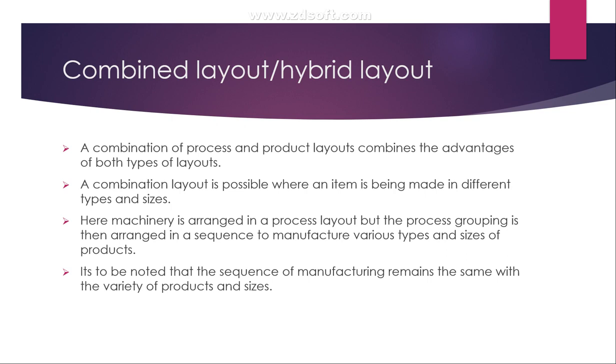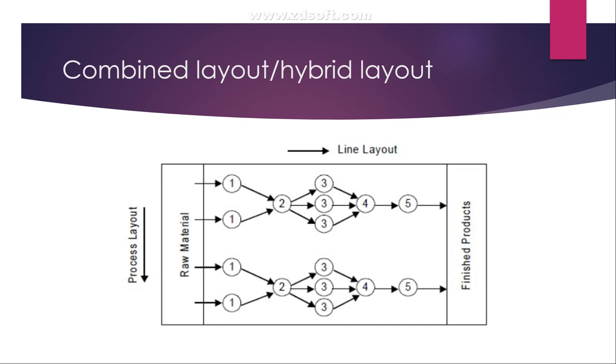So let's understand in a better way with the help of a picture. With the help of this picture we can understand there is a design with respect to line layout, and the design also refers to the plant layout. Number 1 has 4 workstations for receiving the raw materials, and number 2 has 2 different workstations continuing the sequence of different products.